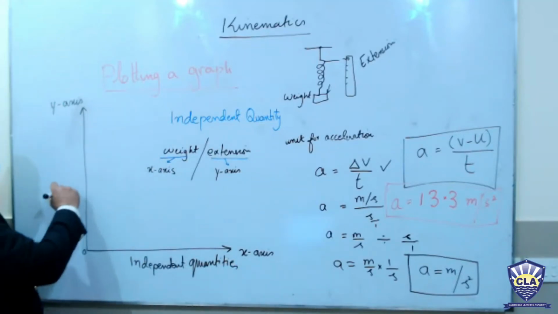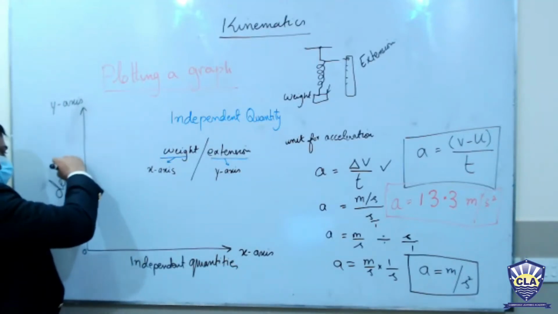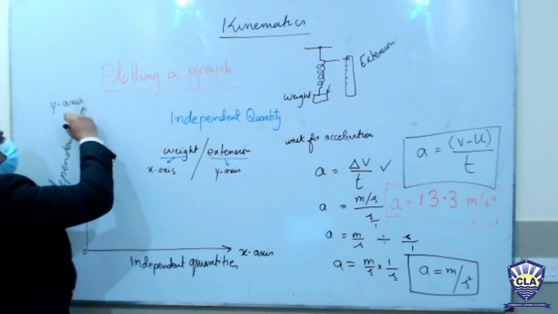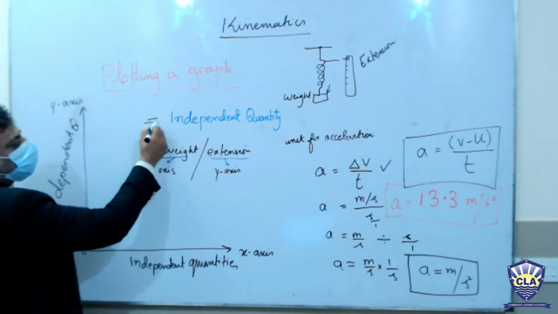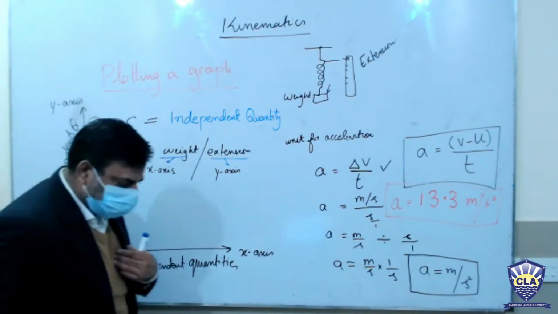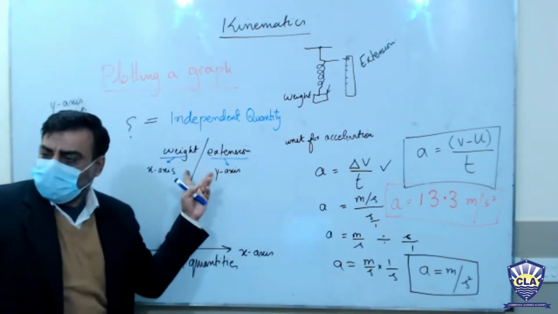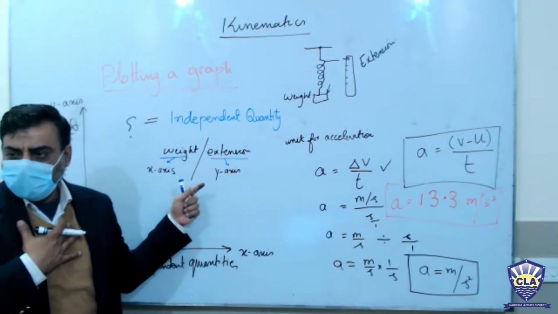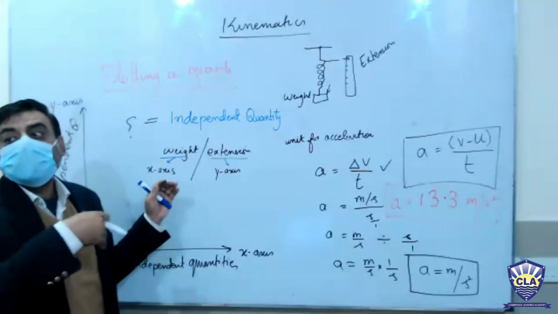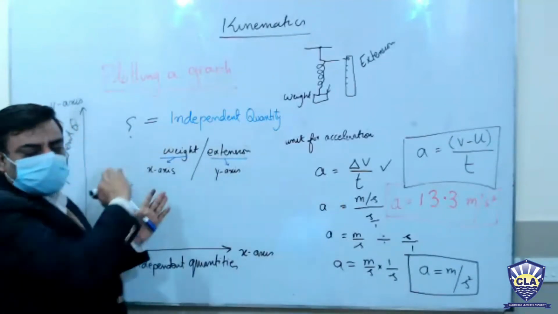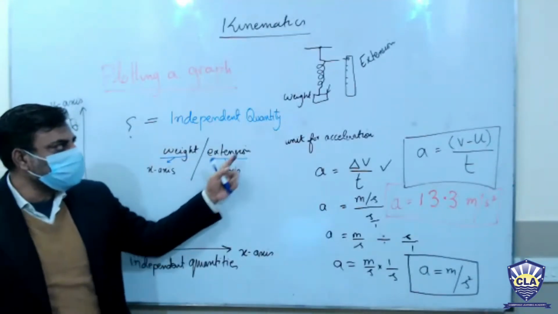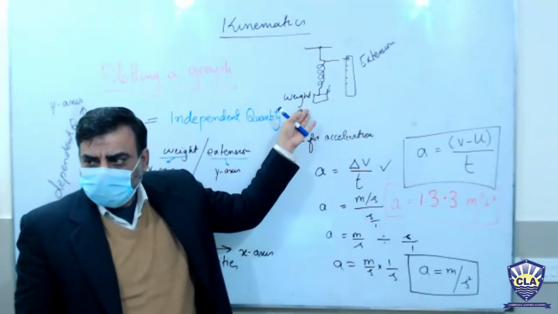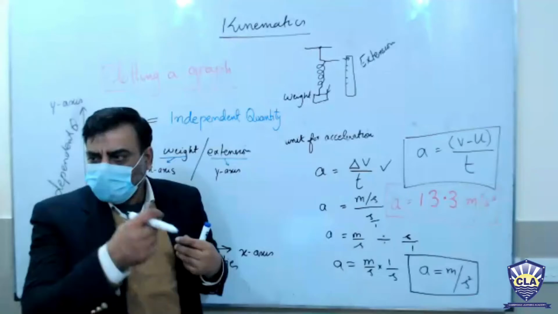And on the y-axis, we have dependent quantities. Now, what are independent quantities? Out of these two, we are controlling one, and the other is depending upon that one. Are we controlling extension or weight? We are controlling weight.